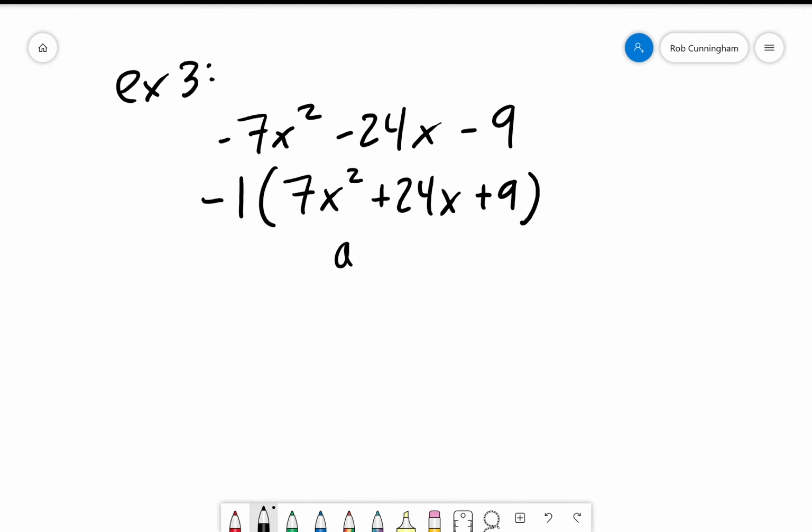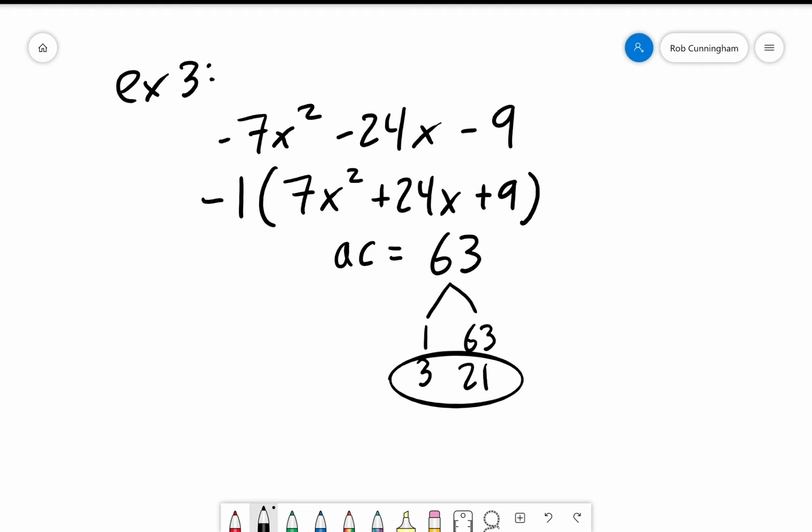A times C is 7 times 9, which is 63. I need 2 numbers now that multiply to make positive 63 and add up to make positive 24. Well, I'm not so sure about that one. I know that 63 is 1 times 63. I know it's 3 times 21. There I am, 3 times 21, and both are positive.